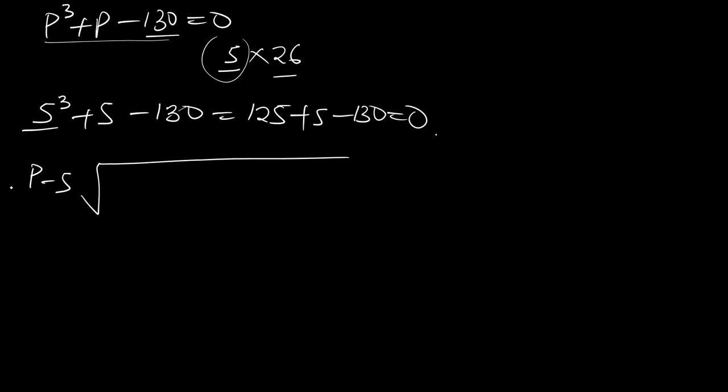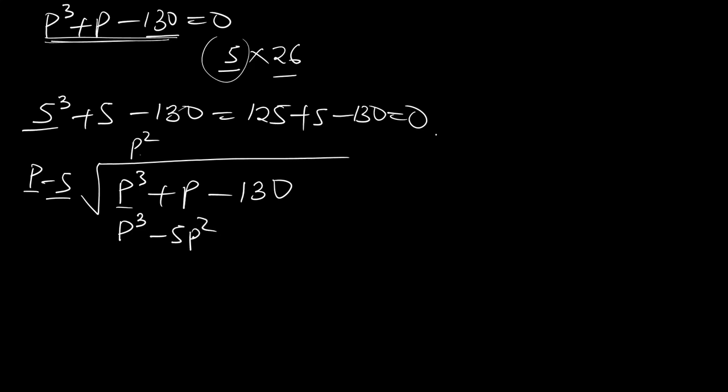So now let's use p minus 5 to divide this in order to get the other expression, that is, to get the quadratic part of the expression. So we put in p to the power 3 plus p minus 130. If you divide p to the power 3 by p, you have p squared. So p squared times p, you have p cubed. p squared times minus 5, you have minus 5p squared.